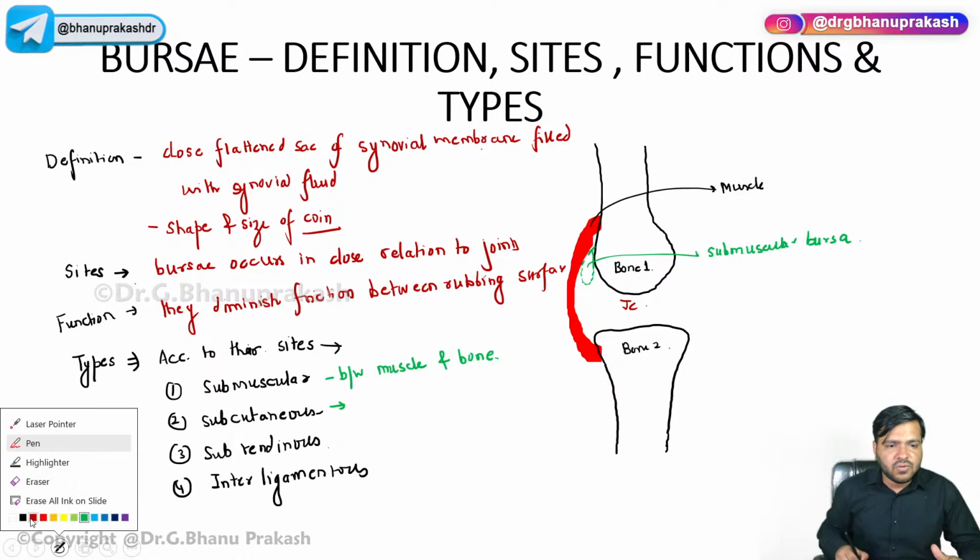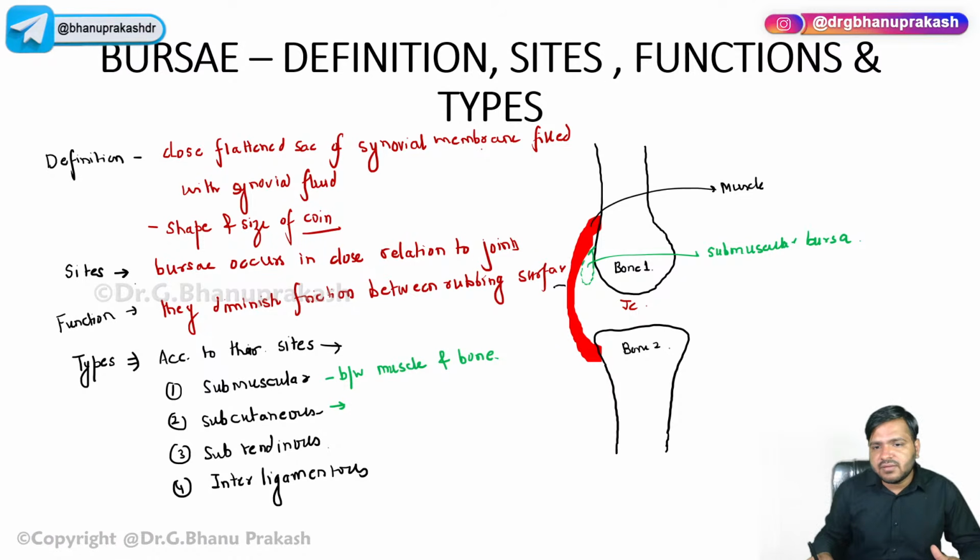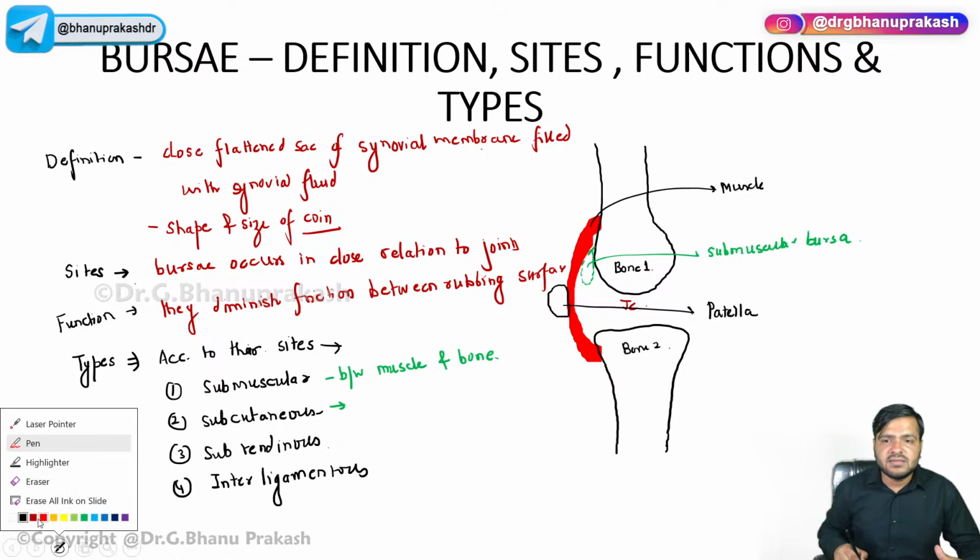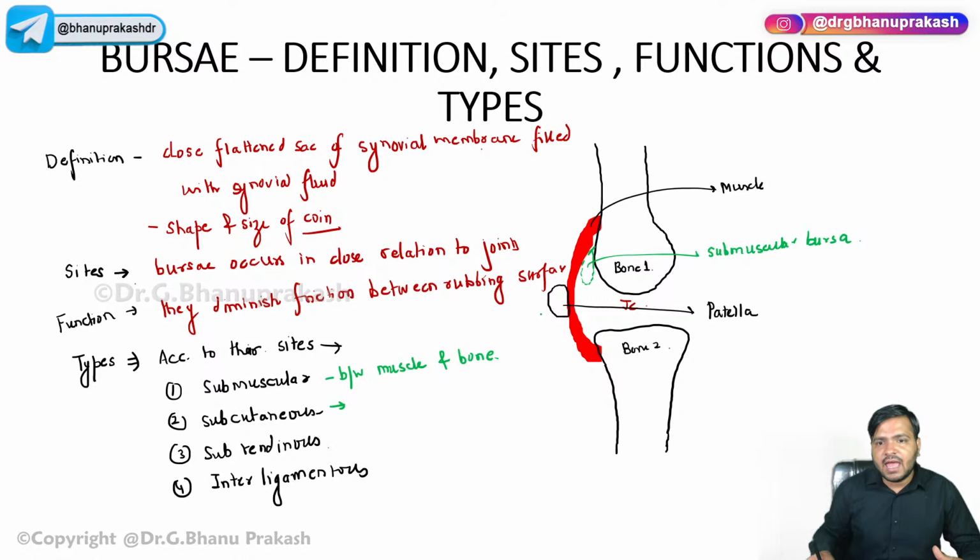Now guys, you already know we have a bone outside this muscle and that is called the patella. Patella is a bone. Outside this patella, outside the bone, we again have these bursa in the form of a coin, and it is covered with the skin outside.